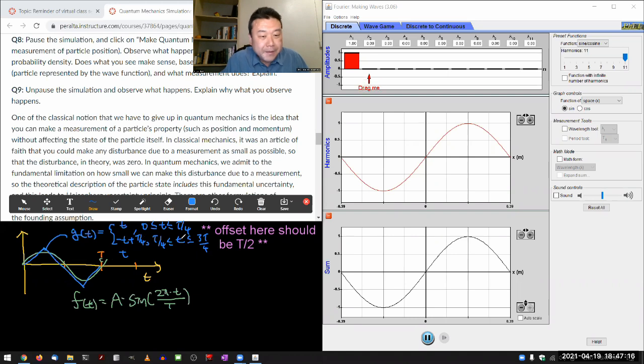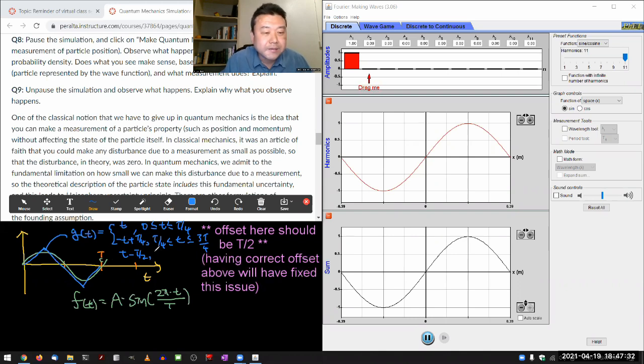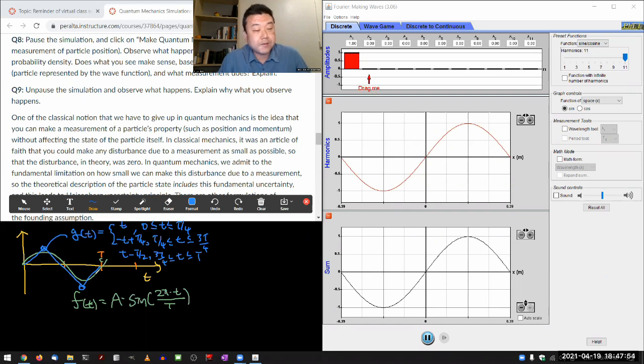Let me just plug in 3T over 4 here, then it's going to be minus T over 2, I think. Did I do this right? I might have made some mistake. 3T over 4. So this is what I mean, headache inducing. But you can work through it. With enough time, you can check your expressions carefully to make sure that they match up, and if you have an arbitrary function like this triangular wave, you can imagine describing it in the way I did here.